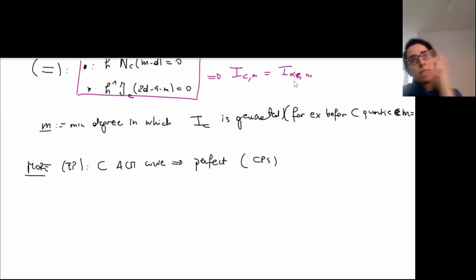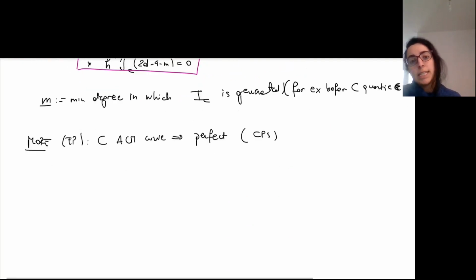And working on these cohomology groups, we found out that these cohomology groups give us just things such as the ideal of the curve we started with and the ideal of curves related to it in the way I explained before. So these cohomology groups give us just ideals of curves related to C. So it's perfect.